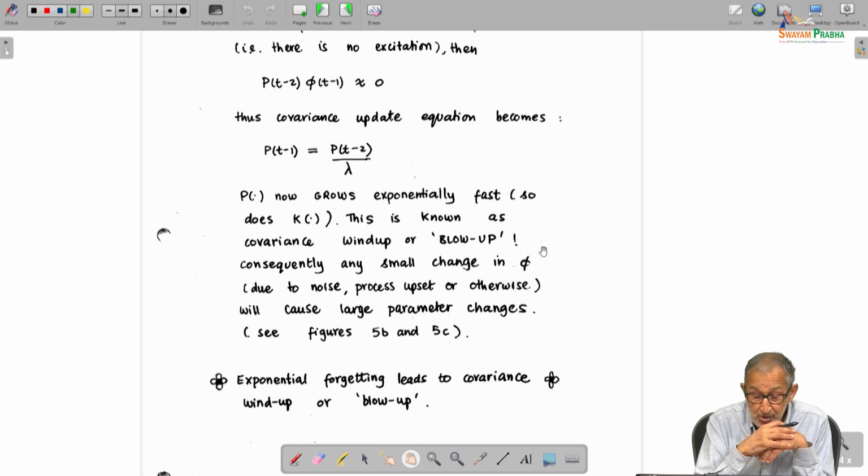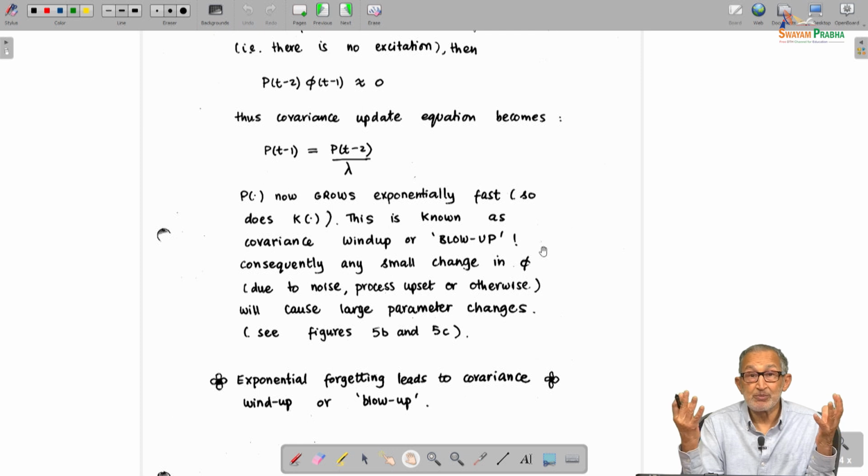Consequently, any small changes in phi, for example due to noise or process upset, will cause large parameter fluctuations, large changes in the estimated parameters. And so we say exponential forgetting leads to covariance wind up or blow up.